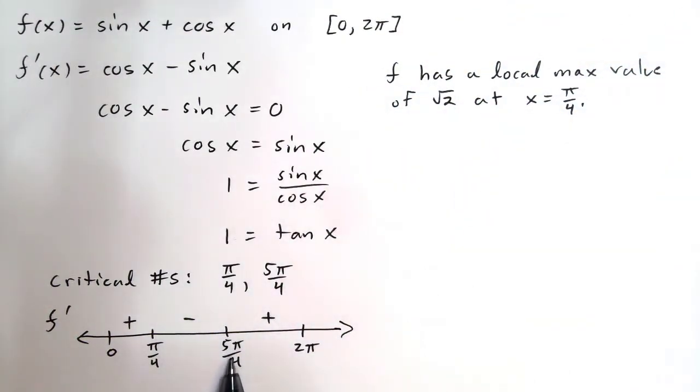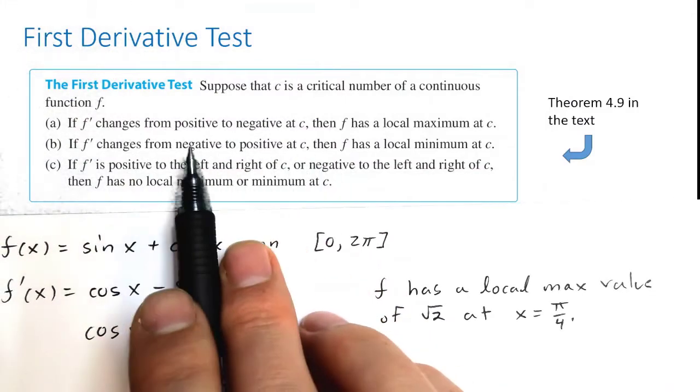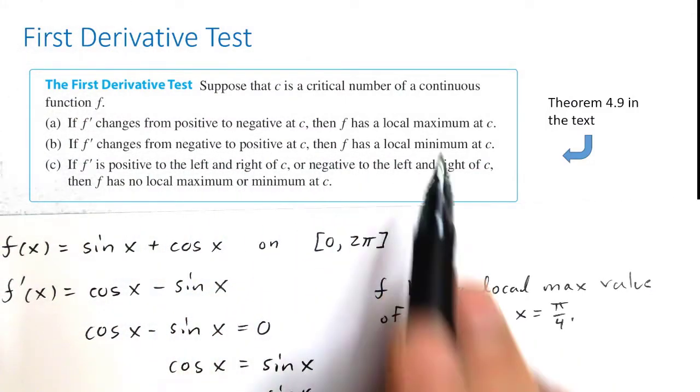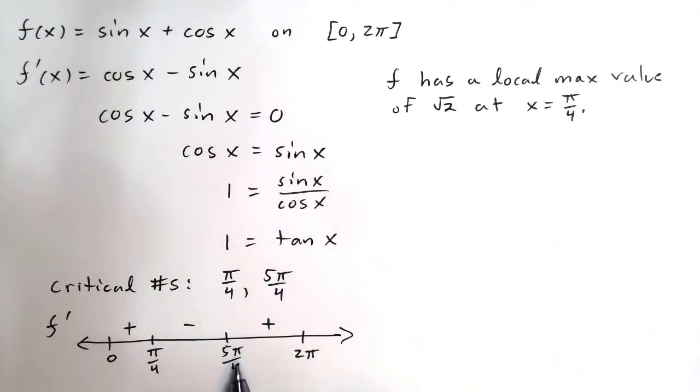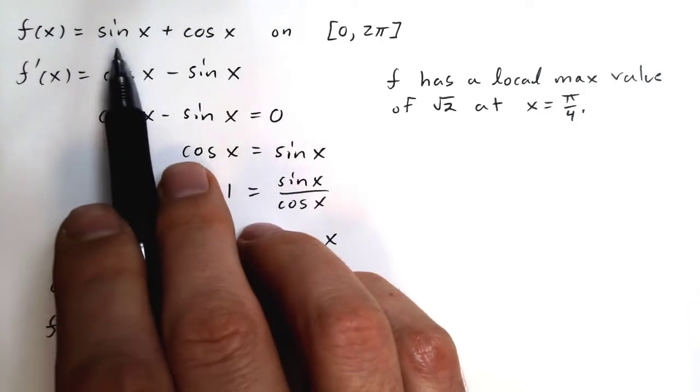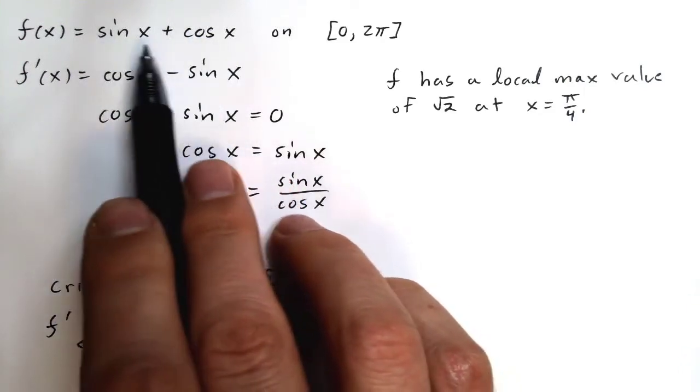And what happens at 5 pi over 4? Well, let's see. F prime went from negative to positive. So that corresponds to a local minimum. And what is the value of that local minimum? Well, plug 5 pi over 4 in to these functions here.